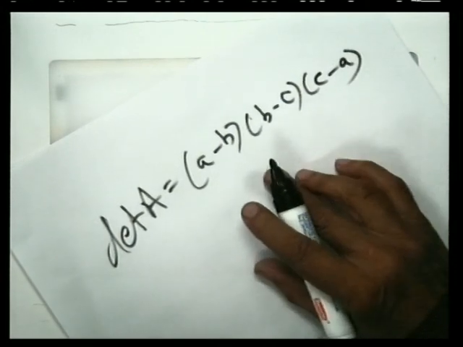Not only that, instead of this, you can use elementary operations. Now, from the third row, you subtract a times the second row, and from the second row subtract a times the first row. In that case, again from second and third rows you have b minus a, negative of a minus b, common from the second row, and from the third row you have c minus a common.